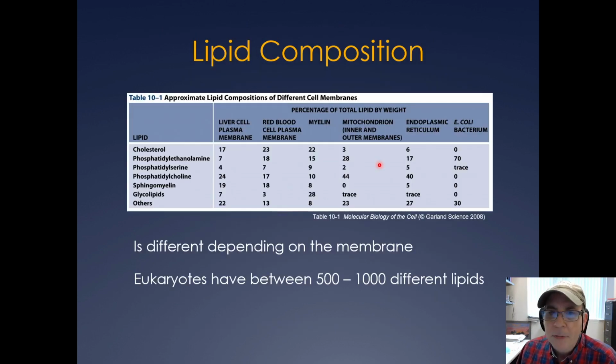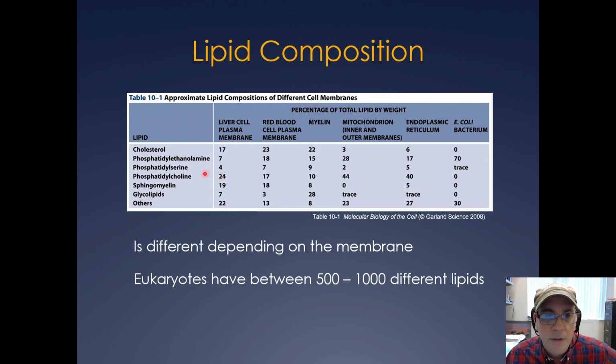Okay, here's the typical lipid composition of a whole bunch of different cells. You guys don't necessarily need to memorize all these, but I think it's interesting for you to look at, because certain cells have more cholesterol than other cells, and we'll see in a second that certain compartments in the cell will also have different phospholipids.